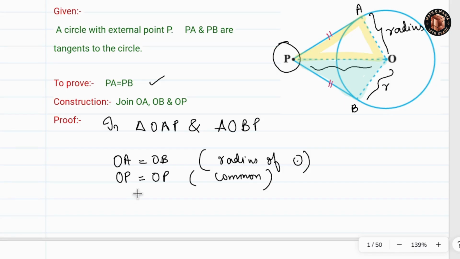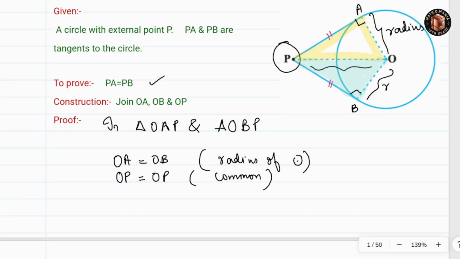Then I can write this angle is equal to 90 degrees. Why? We have learned a theorem in 9th grade that the tangent at any point of a circle is perpendicular to the radius through the point of contact. So this is AP. If AP is a tangent, then OA is the radius.